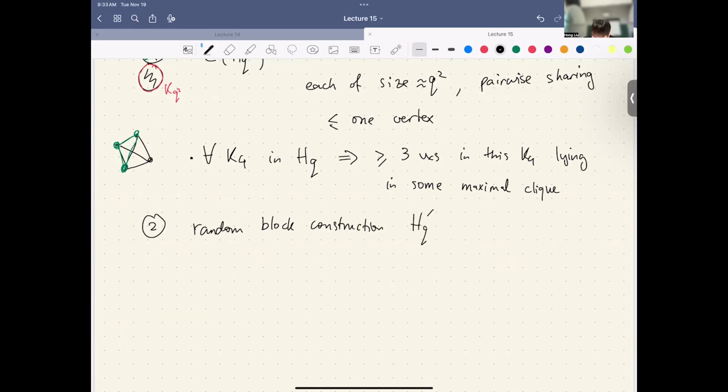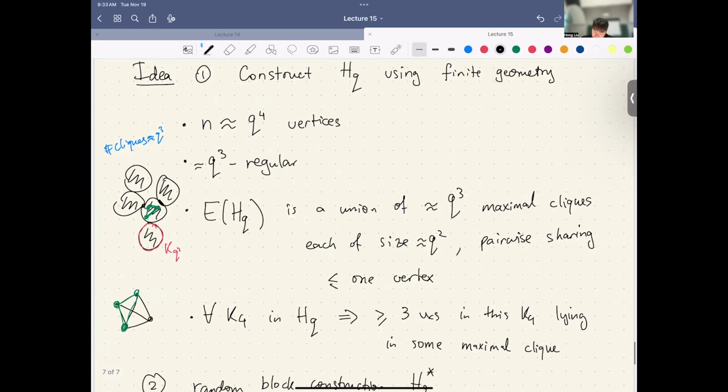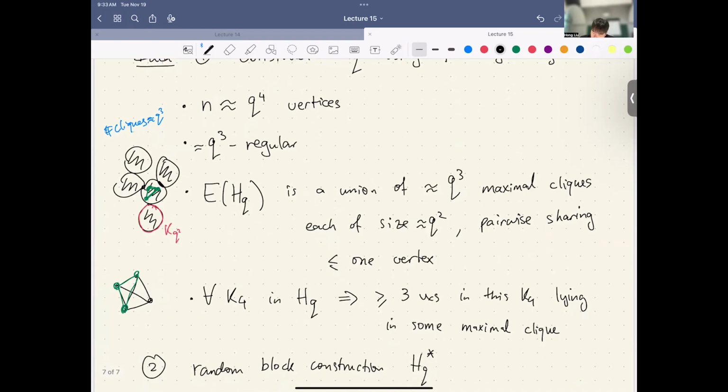We will get HQ star. How do we do it? Let me give this name. Let's call this clique C1, C2, CI. Okay, roughly Q of them.